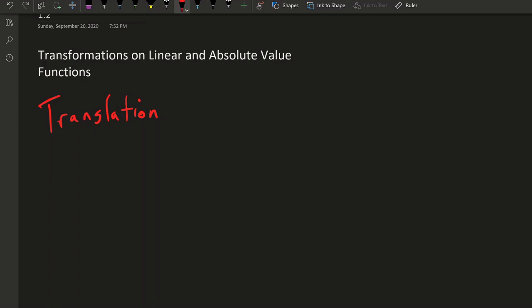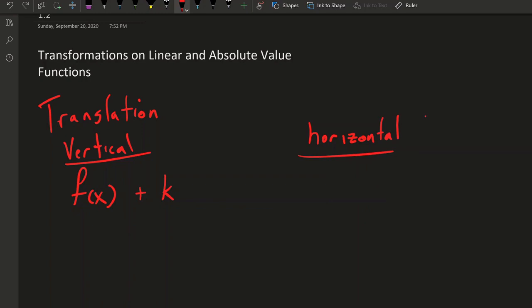So if we start with a basic function f of x, in order to do a vertical translation, we would take the function itself and we would add some value to it. If we wanted to do a horizontal translation, we would take the function and we would subtract a value just from the input.